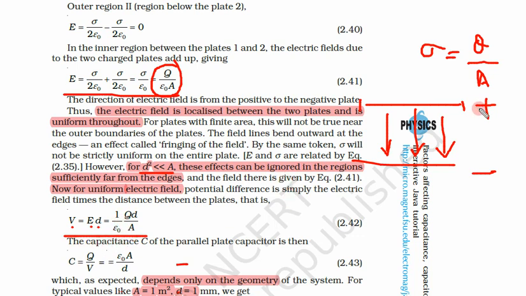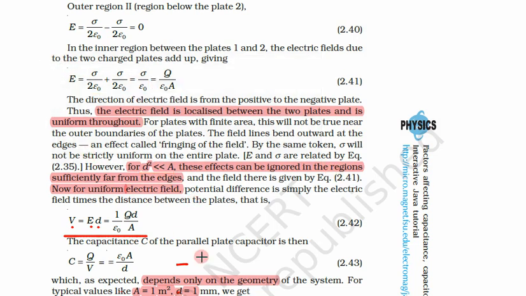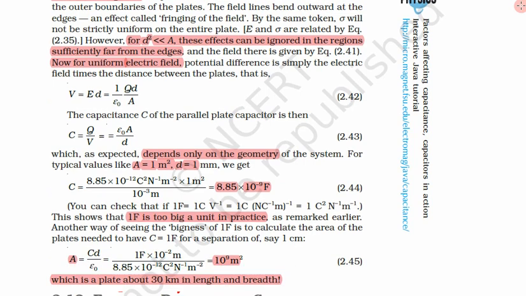Now let us calculate the capacitance. So what was the capacitance? Capacitance was simply Q by V, and the value of V is 1 upon epsilon naught times Qd by A, and this is divided, this is Q divided by V. So let us solve this.